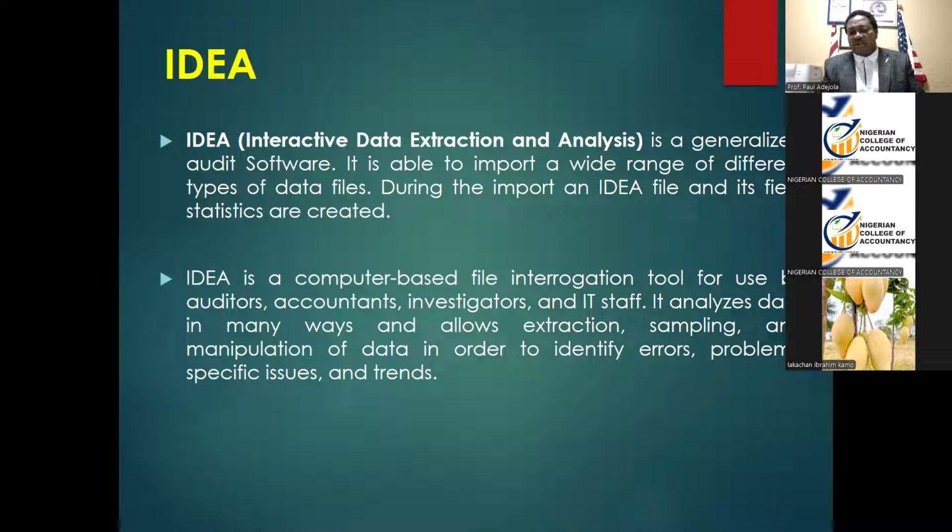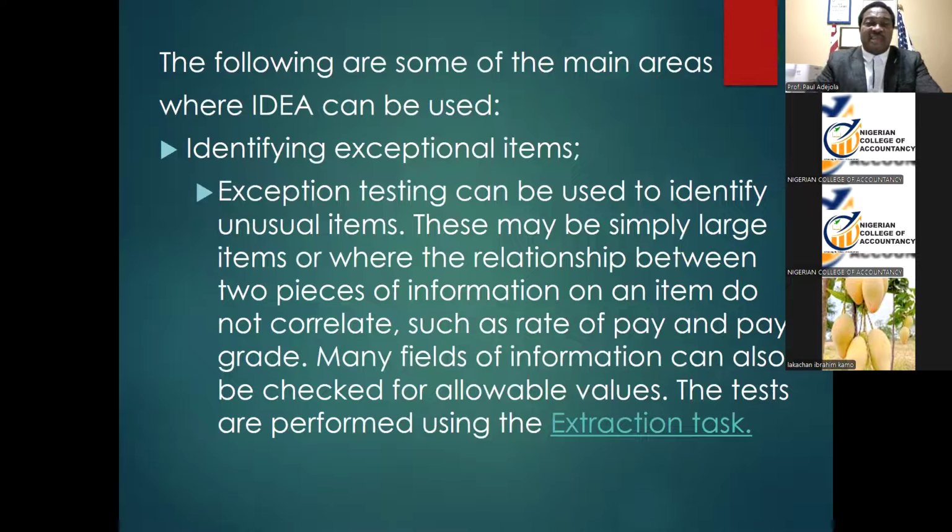So you, as the auditor using IDEA, will be able to see why this payment is repeated. Then you carry out your analysis. The following are some of the main areas where IDEA can be used. See, identifying exceptional items.